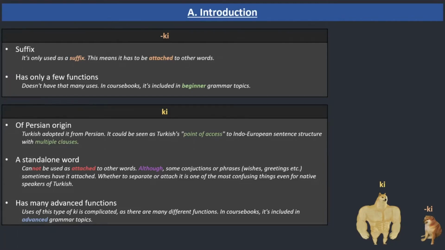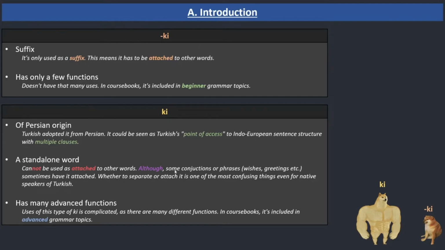I will talk about them today, and it will be beginner friendly because this suffix ki in books is included in beginner topics. It will be easy to understand. The other ki is a bit more difficult because it combines two sentences. That's why we will have different and longer sentences.